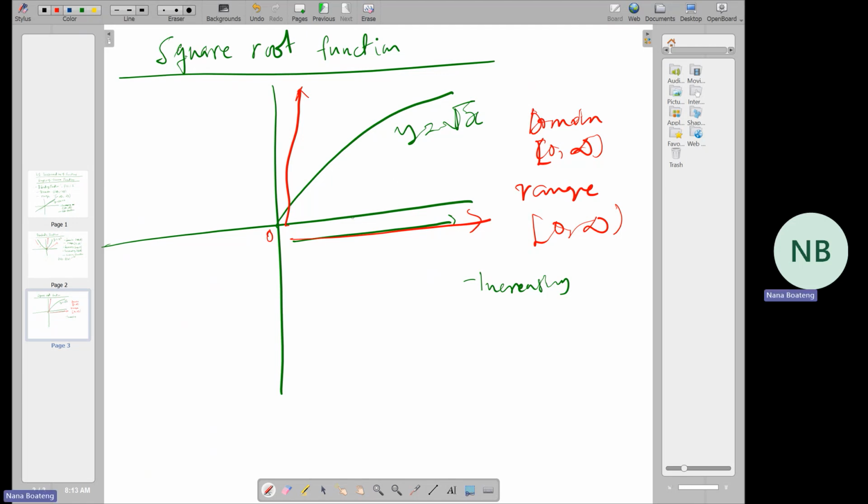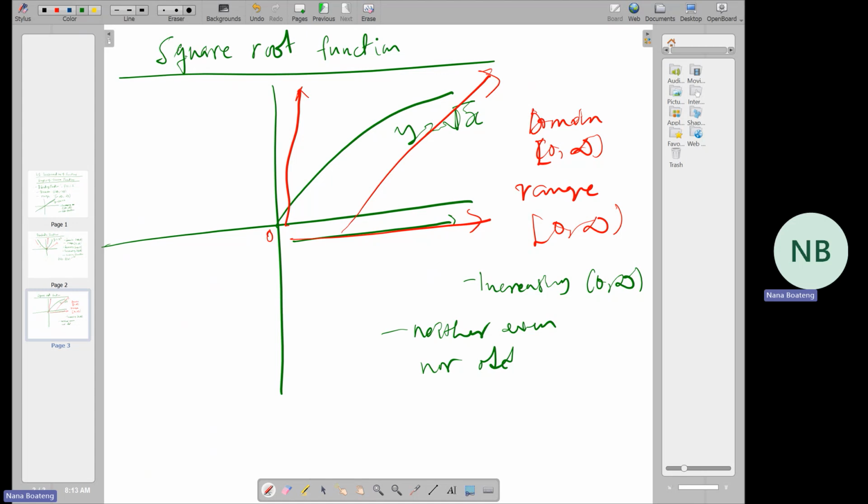And it's neither an even nor an odd function. Okay, so this is the square root function.